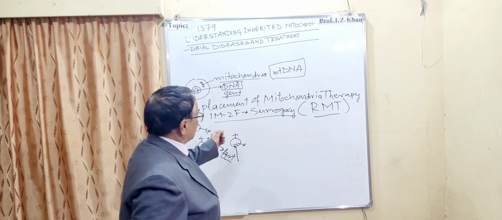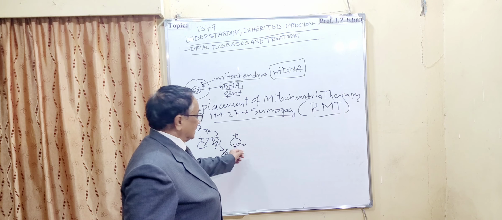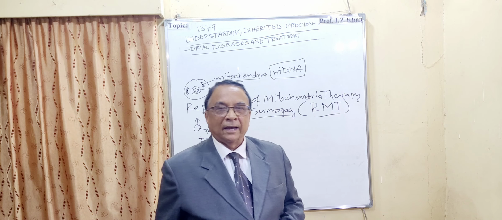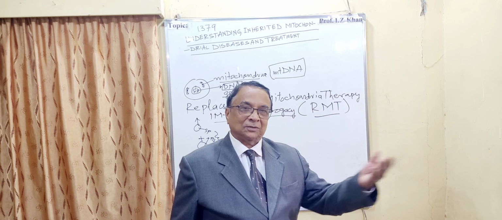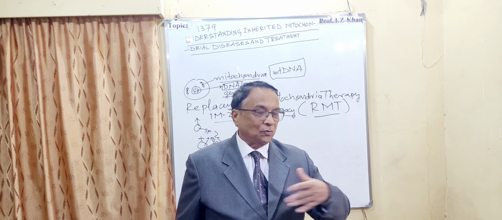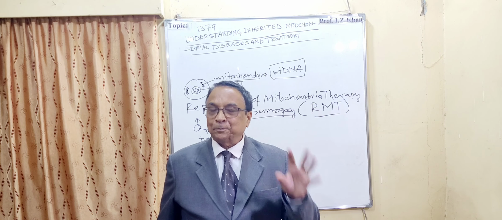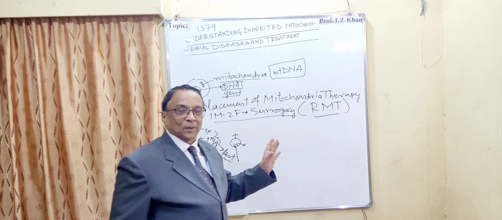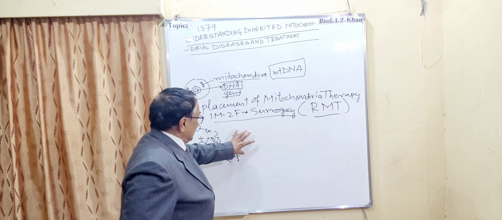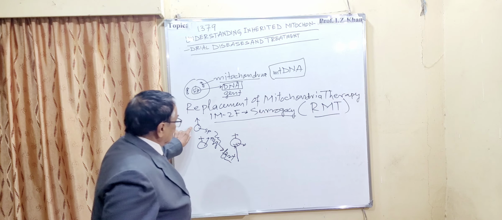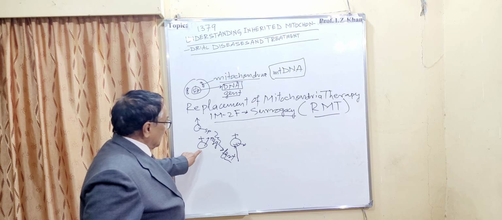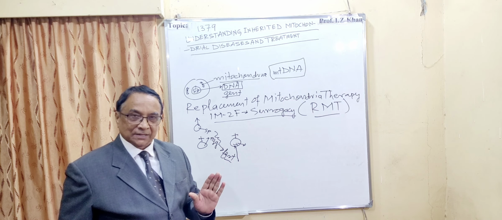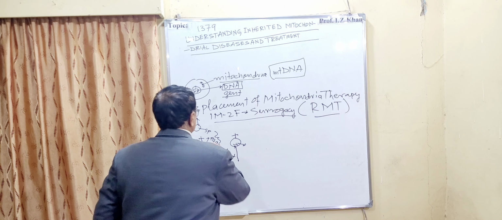This surrogate mother will rent her womb and carry for 9 months, and she will charge 10,000, 20,000, whatever is the agreement. That process is called surrogacy. It is practiced globally. But in this process, the genetic material of this male and the other female is intact, not changed. So this is condition A.